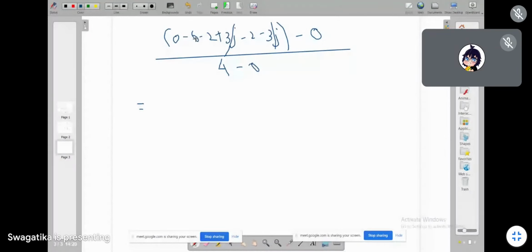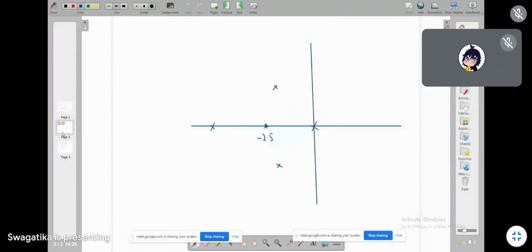Minus 6, minus 2, minus 2 gives minus 10, divided by 4 minus 0, which is minus 2.5. I forgot to take another minus 2. So the centroid is done.